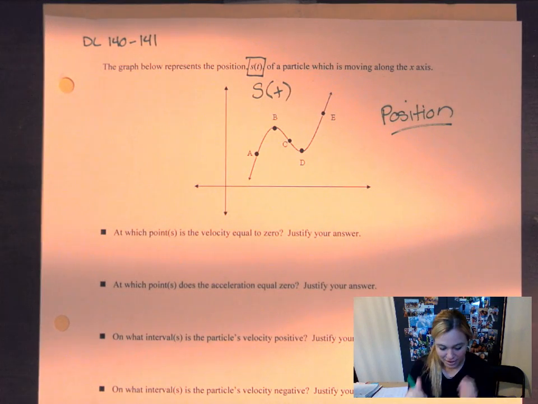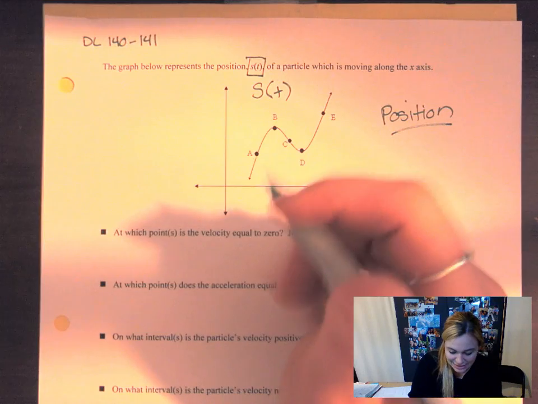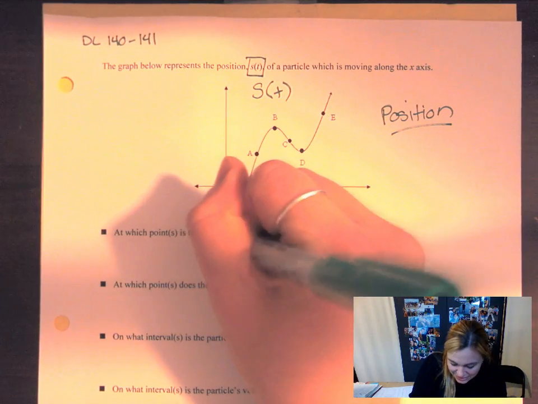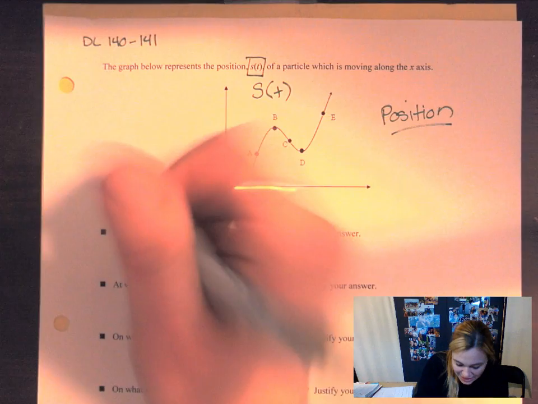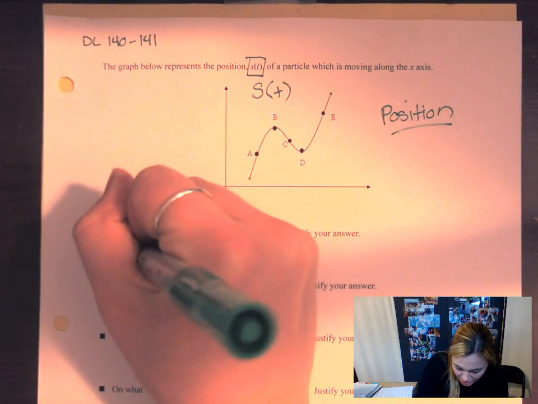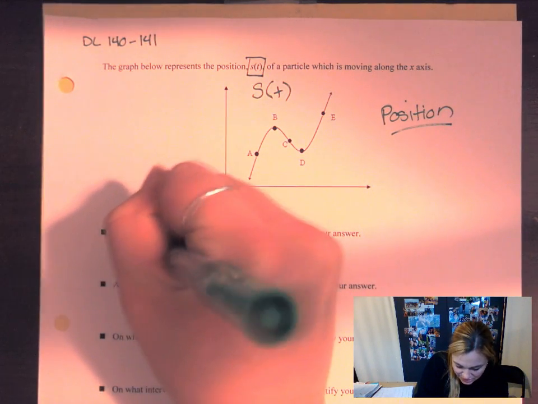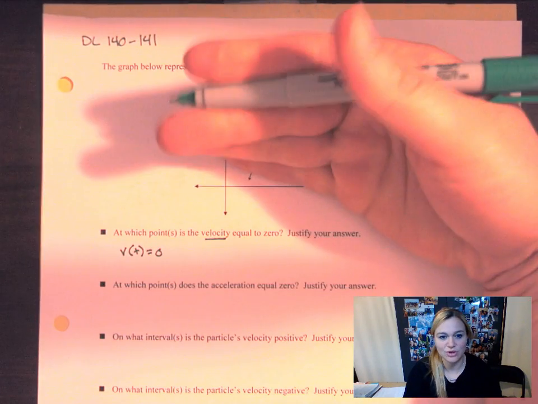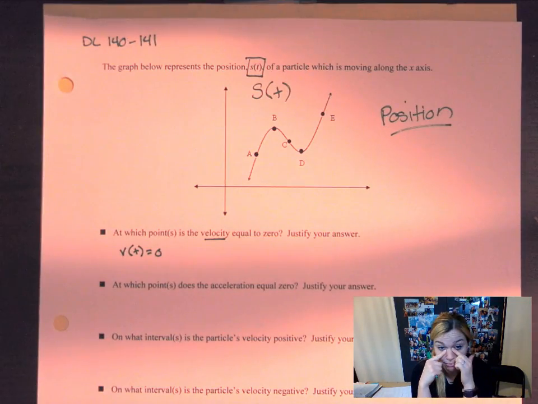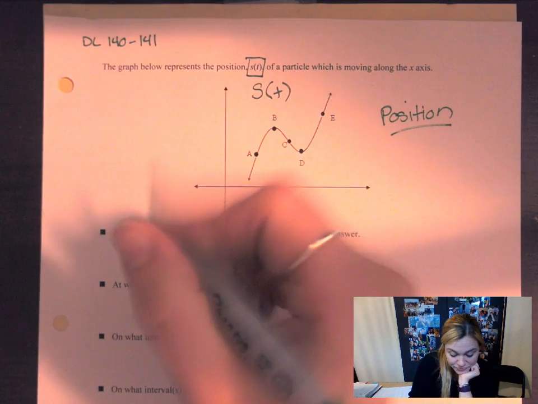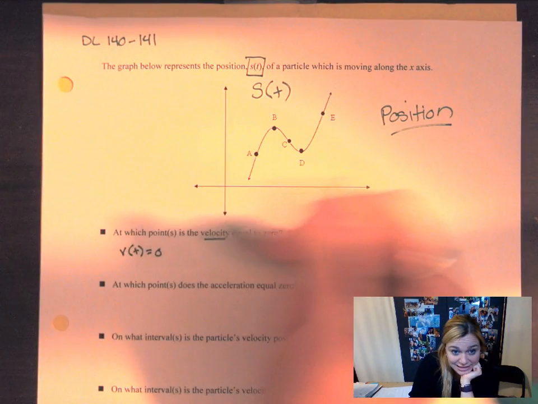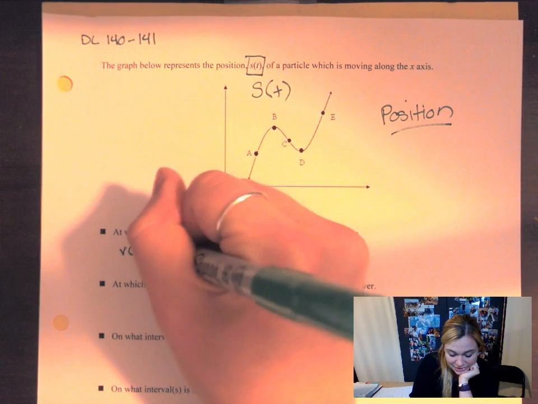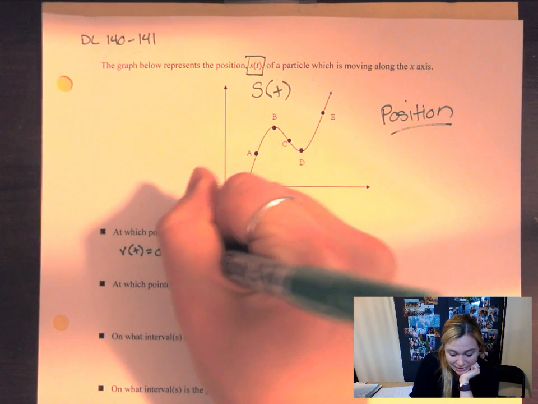In this one, it says, at which point is velocity equal to 0? I want to know when velocity is equal to 0. Before I even look at this graph, I need to think, what does that mean? What are the connections here? Remember, velocity is the same thing as s prime of t.